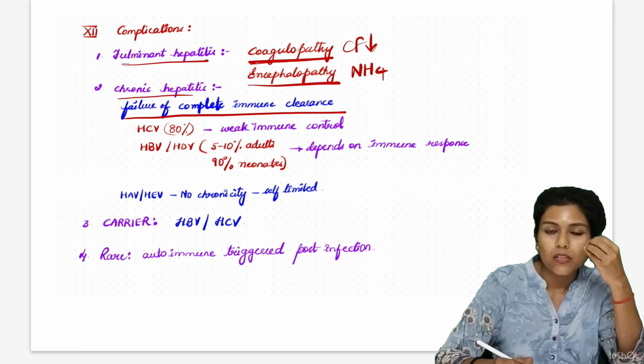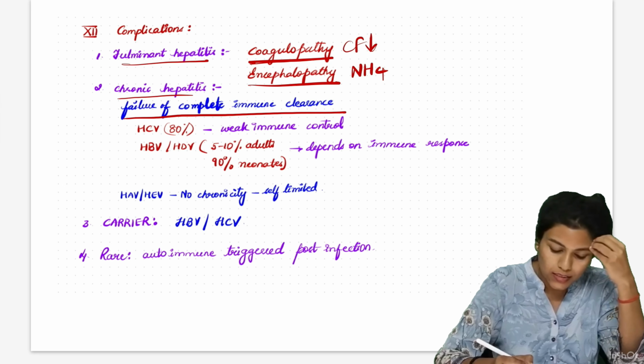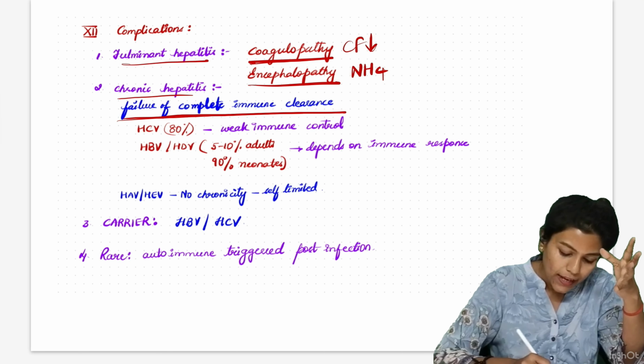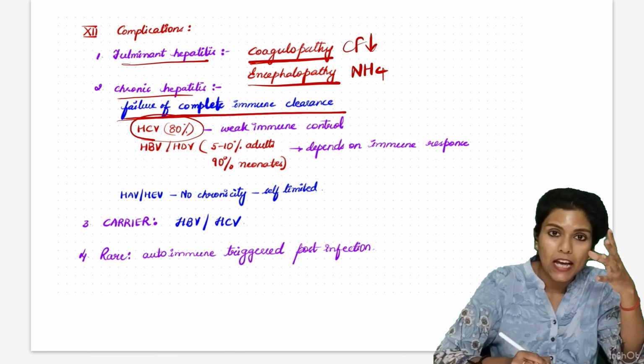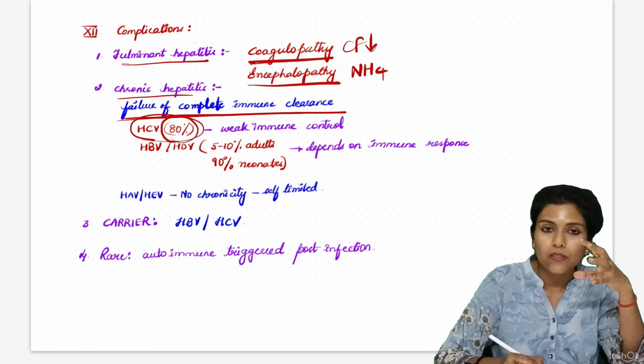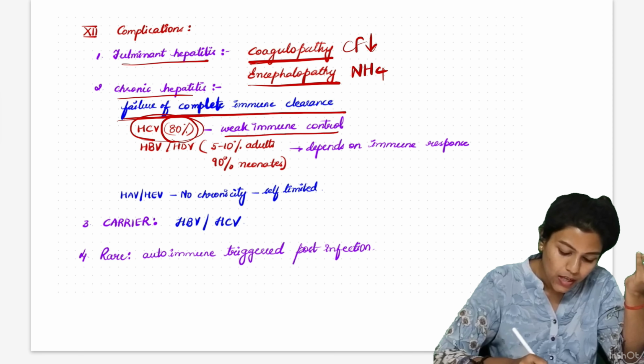If the host immune response is not strong enough, the infection will persist for a longer duration and progress to chronicity. Chronic hepatitis is seen because of incomplete removal, and mostly hepatitis C has this weak immune response. So 80% of the patients will end up as carriers, as they have weak immune control.